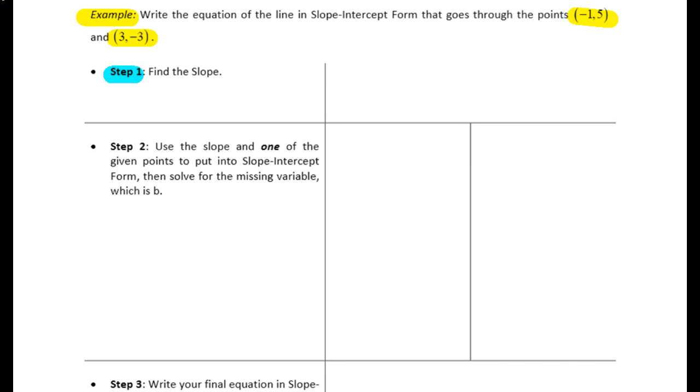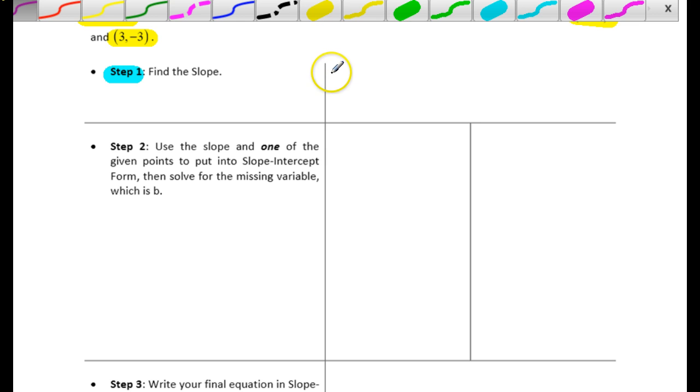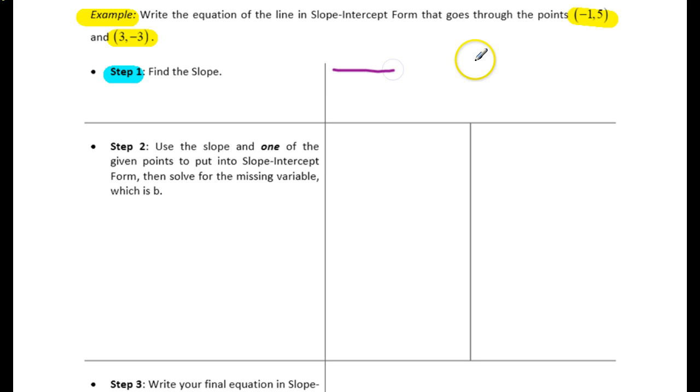So this is where we're going to do the y minus the y and the x minus the x. And remember, there's two ways you can do this. I'll even do it both ways. It doesn't matter which one you plug in first, but whichever point I plug in first, I have to plug in first on the top and the bottom. So I'm going to do this one first.